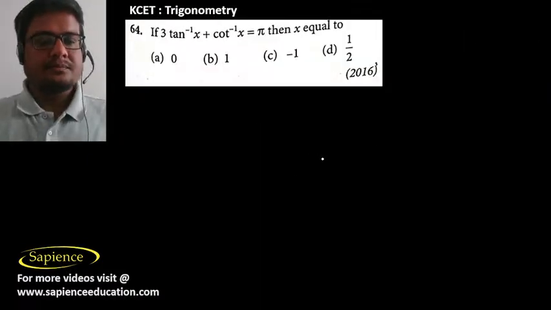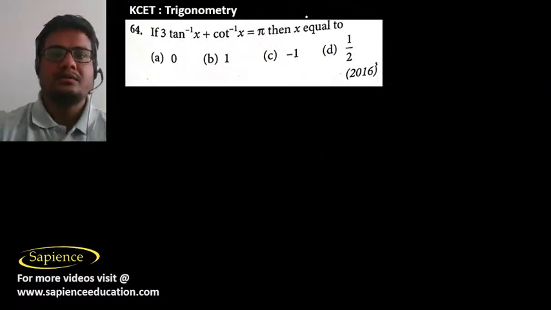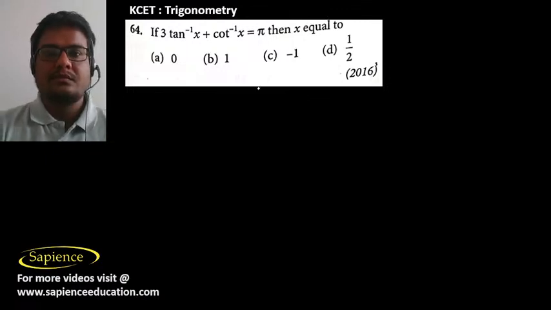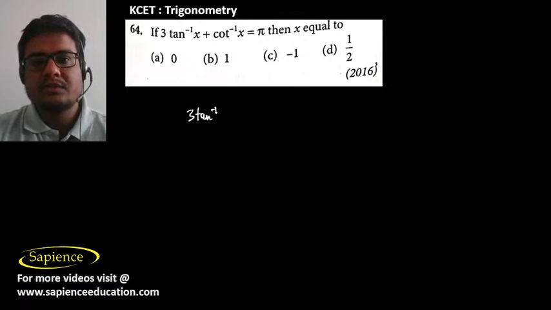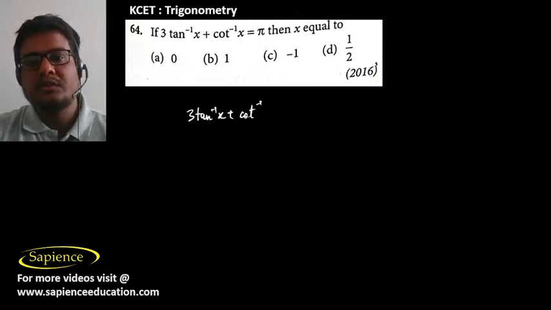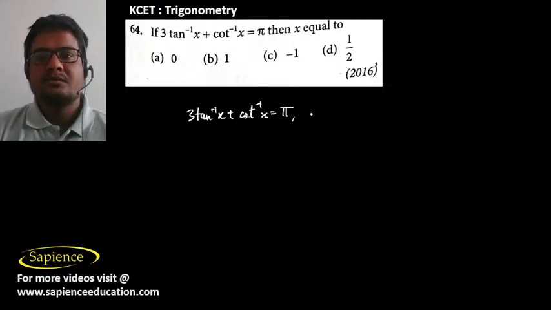Then here it has been told that if 3 tan inverse x plus cot inverse x is equal to pi, then x is equal to how much? We have to find the value of x.